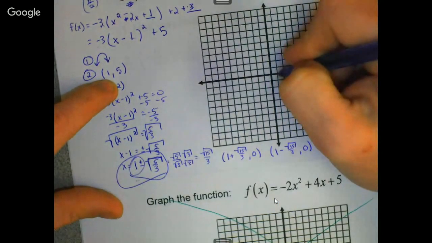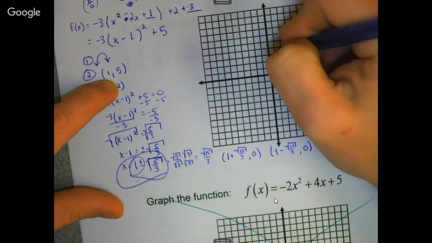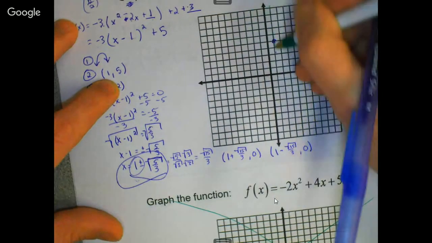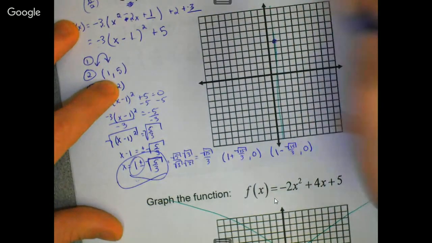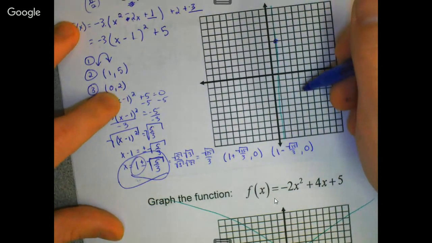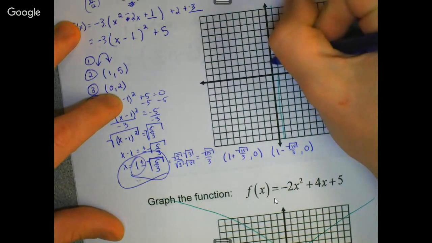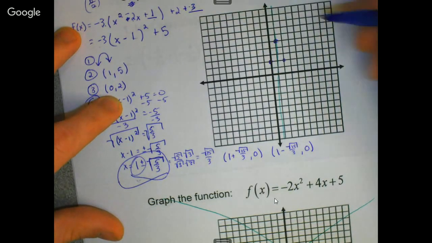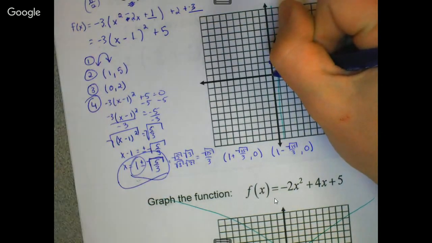So 1, 5. That's the vertex. Here's my axis of symmetry. It's opening down, so we're down here somewhere. I got 0, 2. I'll go ahead and reflect that one over. And I'm at 0.